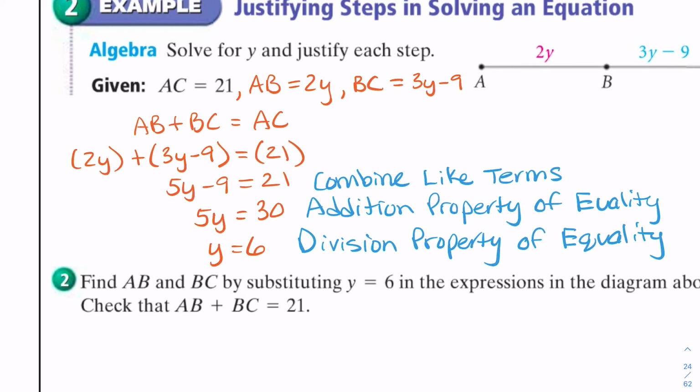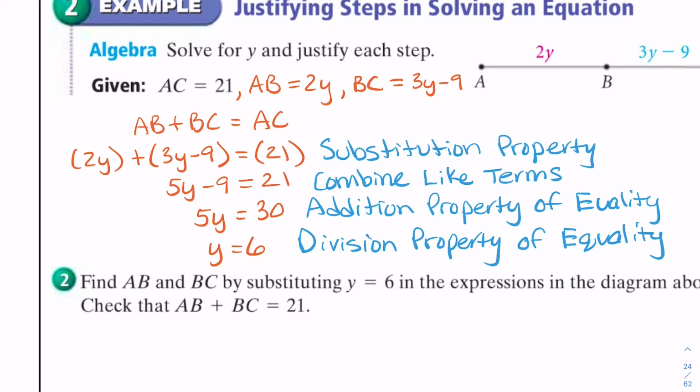And how did I get from here to here? How did I get from line segments to actual values, or rather values and variables? I use the substitution property. And how did I get from here to here?